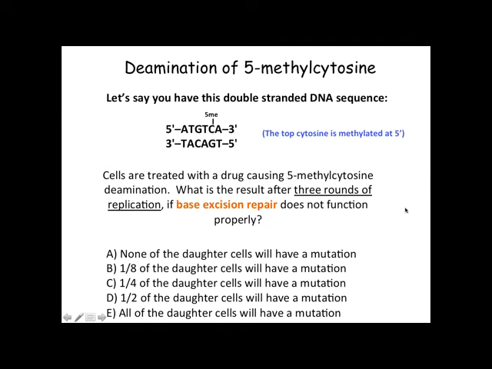So if this occurs, what might happen if base excision repair doesn't fix it? You can think about, after 3 rounds of replication, how many of the daughter cells are going to have a mutation. So take a second, make a prediction, and then we'll go through this.